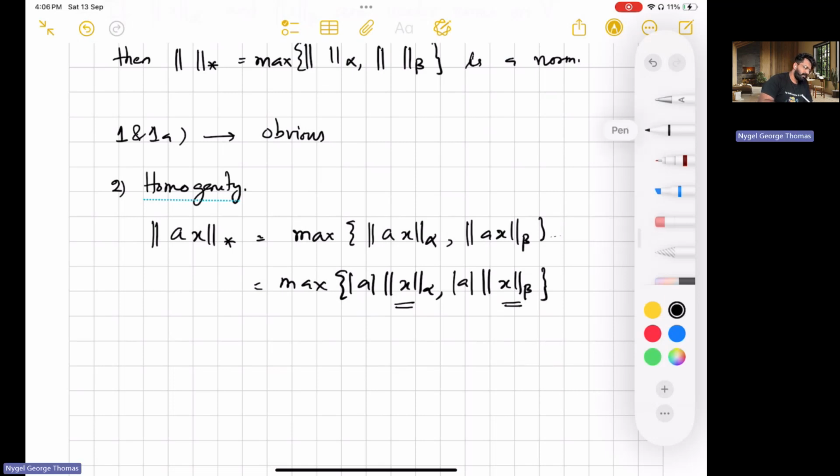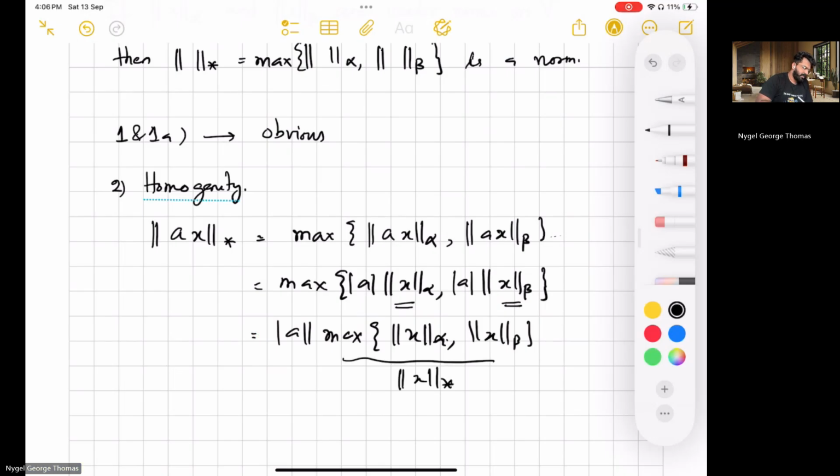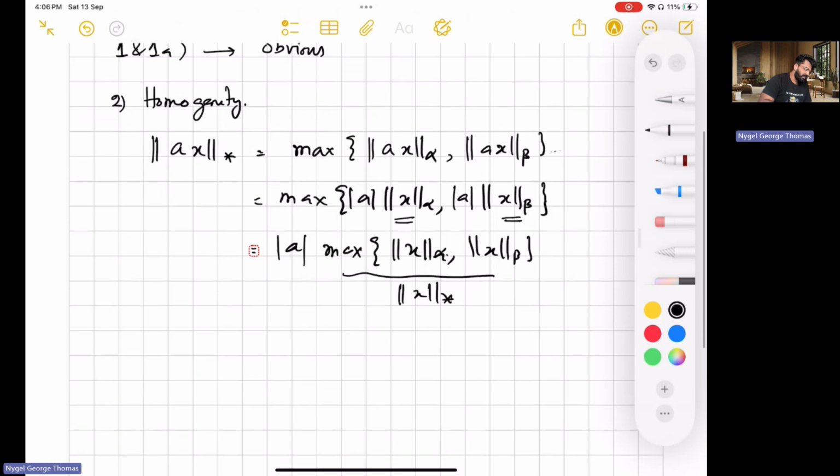So we can take modulus of a outside, and the remaining max is in fact the norm of x star. So homogeneity is also satisfied. Now we have to look at the triangle inequality.